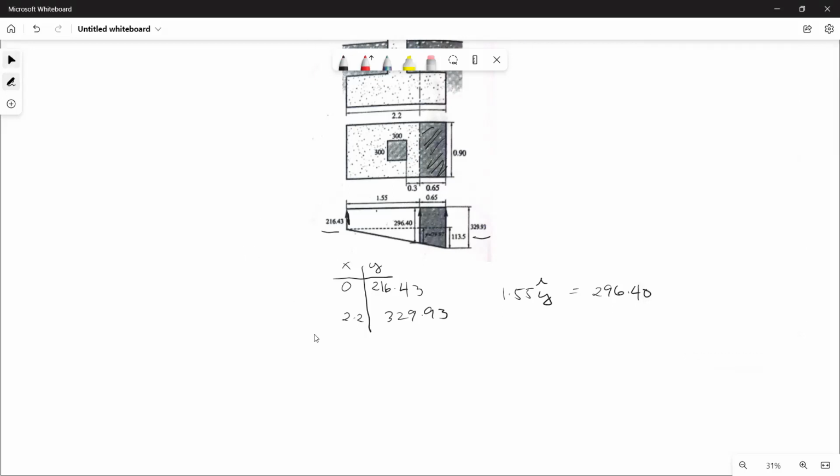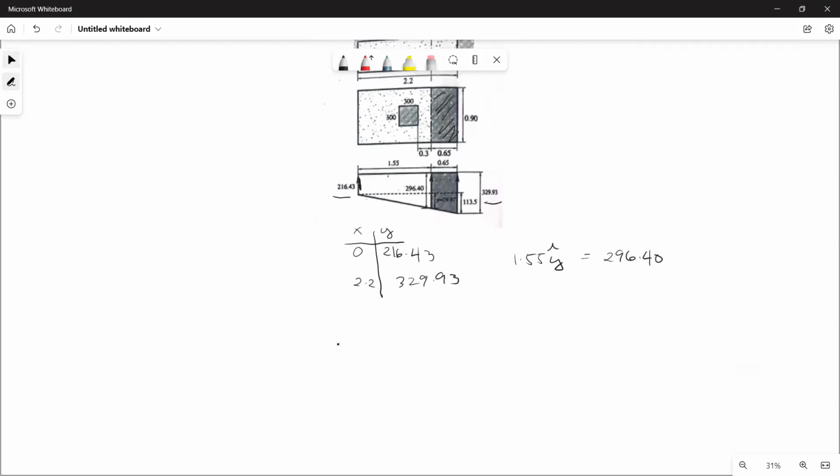Thank you po. Okay. For the manual, so insert mo lang dito yung inyong values. So yung 1.55 yung kailangan mo, di ba? So 0 to 216.43. Then your 1.55 which is then unknown, lagay natin x. Then yung isa 2.2, 329.93. So basically, gatuhin nyo lang.